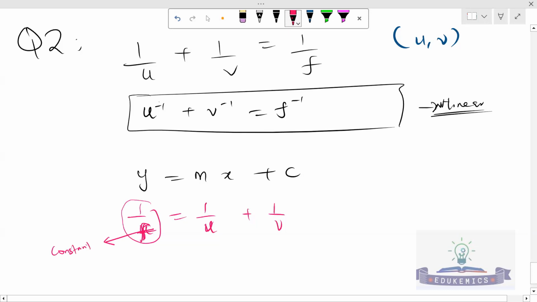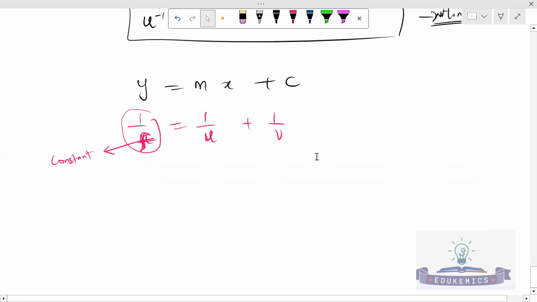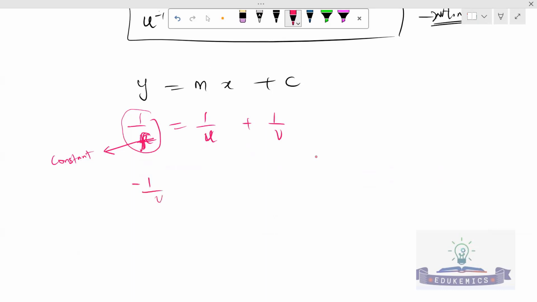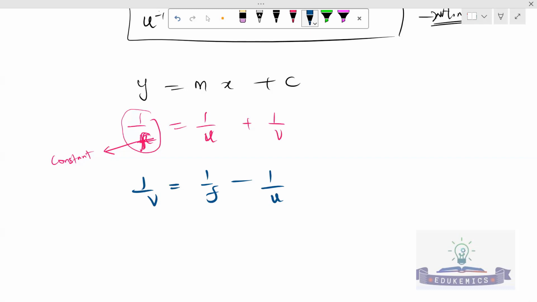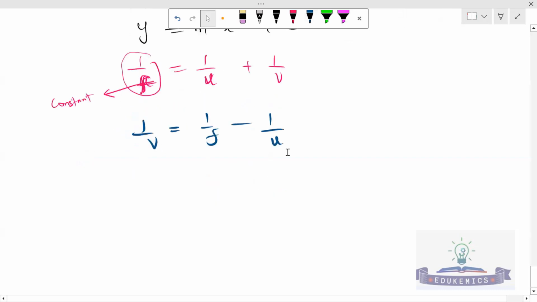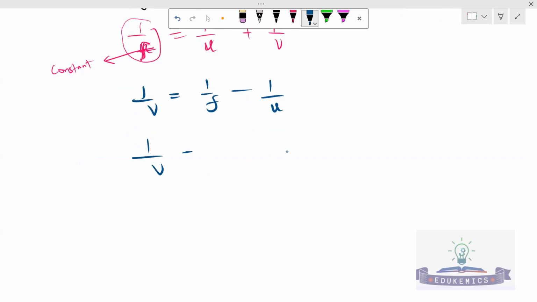The only variables we have there are u and v. So we cannot plot a constant against a variable. So let's rearrange this equation. 1 over v becomes 1 over f minus 1 over u. And remember, our constant goes to the intercept. So I can rearrange: 1 over v equals minus 1 over u plus 1 over f.